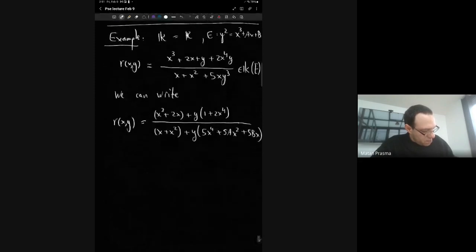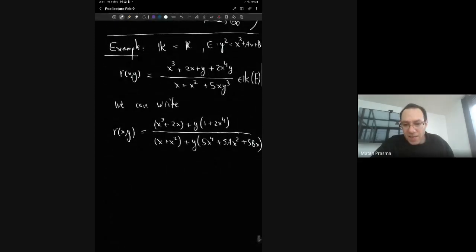But here I rewrote the function: I substituted, instead of y squared in the denominator, of course x cubed plus ax plus b. So I did a beginning of transformation into canonical form, but it's still not a canonical form.